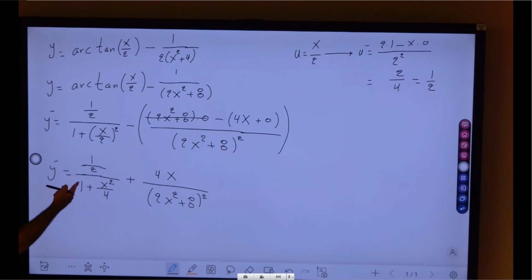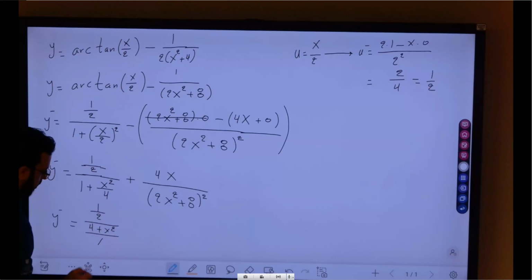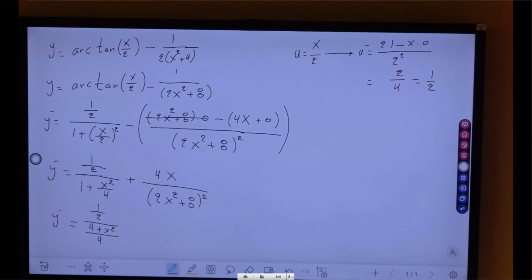That means you're going to multiply by 4/4, so y prime is going to be the half over 4 plus x squared over 4. So I'm going to cancel this one with this one and leave it here.